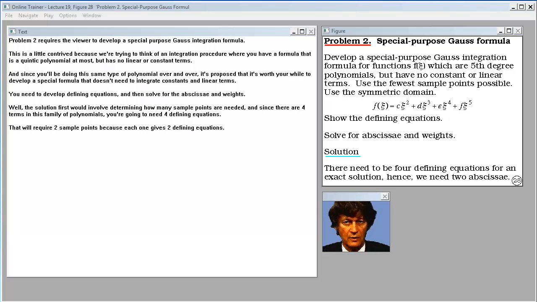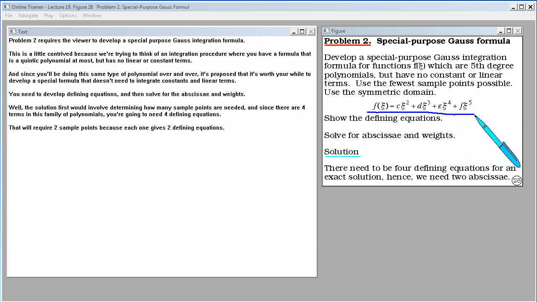Problem 2 requires the viewer to develop a special purpose Gauss integration formula. This is a little contrived because we're trying to think of an integration procedure where you have a formula that is a quintic polynomial at most, but has no linear or constant terms.